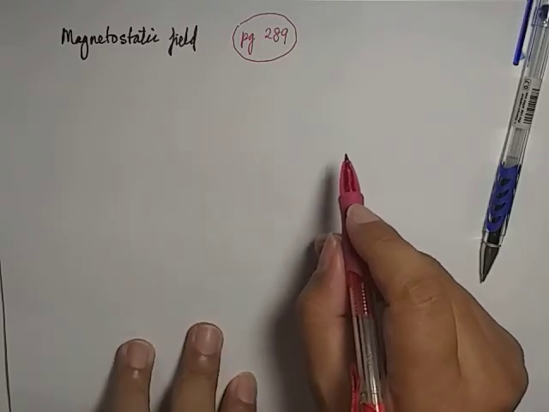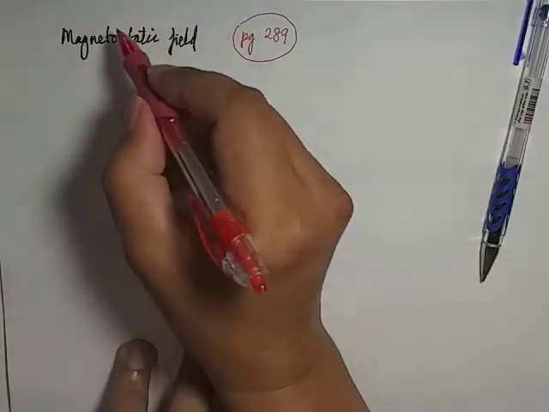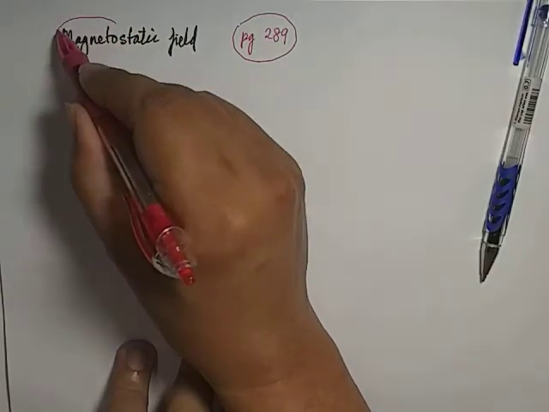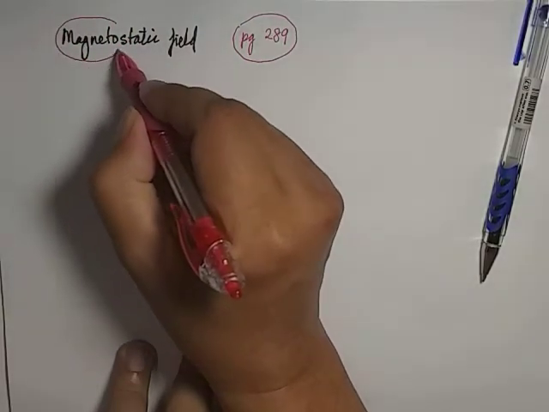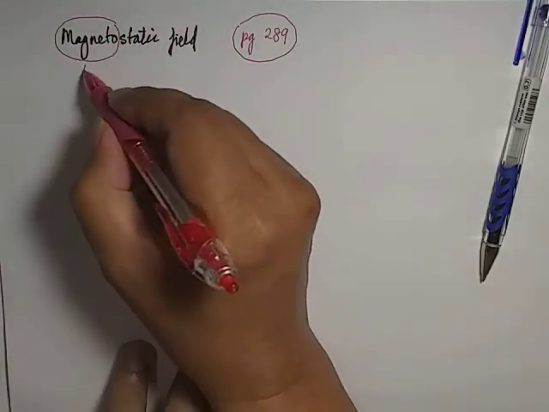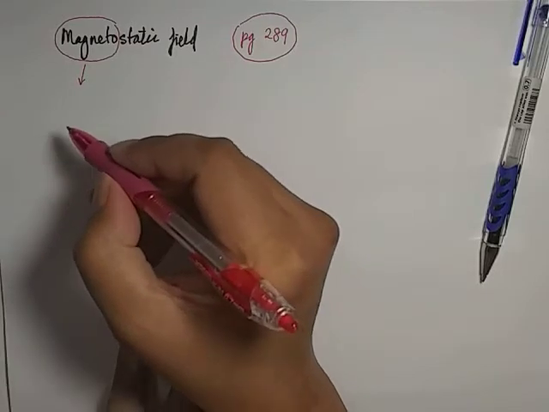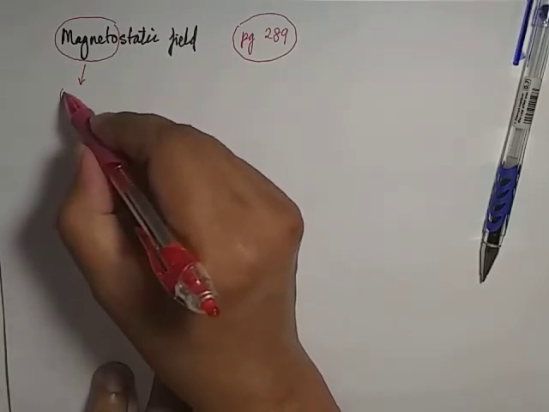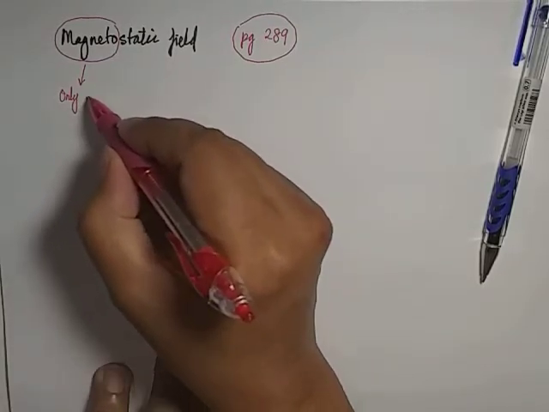So what is magnetostatic field? Magnetostatic can be divided into two words here, where magneto indicates to us we are going to deal with only magnetic field.